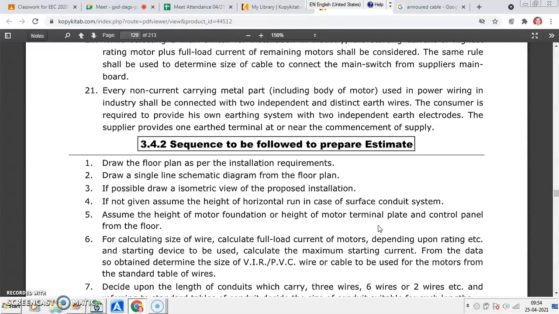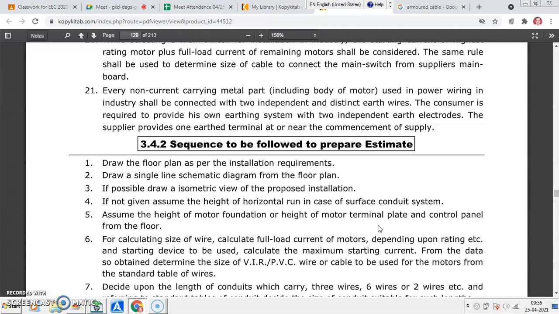Two independent, distinct means you should not do looping in earthing. That is, there is only one earth point and at 2 to 4 places you connect wires and join them to the same point. It should not be done like that. What you have to do is have independent, distinct, that is separate, earth points, a minimum of 2, or if you have more than 2 then it is very good. So you have to earth at different points. That care is to be taken.